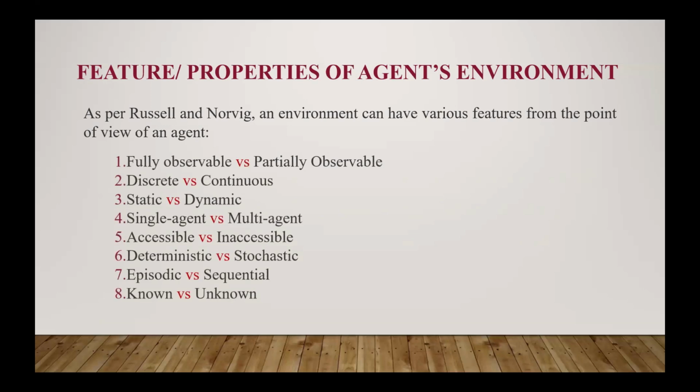It can be fully observable or partially observable, discrete or continuous, static or dynamic, single agent or multiple agent, accessible or inaccessible, deterministic or stochastic or non-deterministic, episodic or sequential, and known as well as unknown. These are the various ways the agent can view the environment.